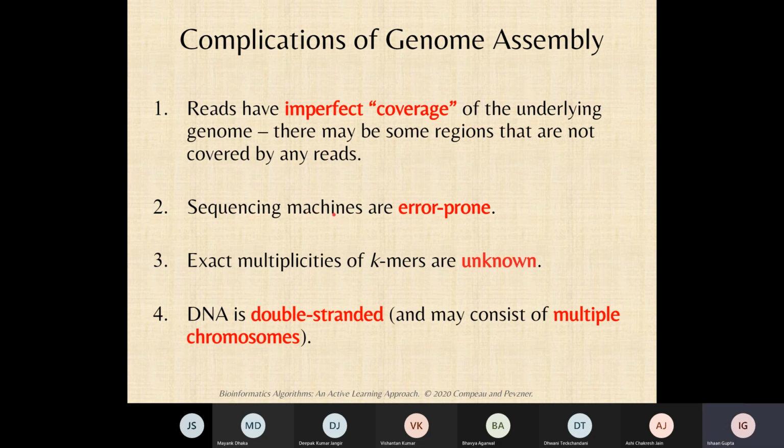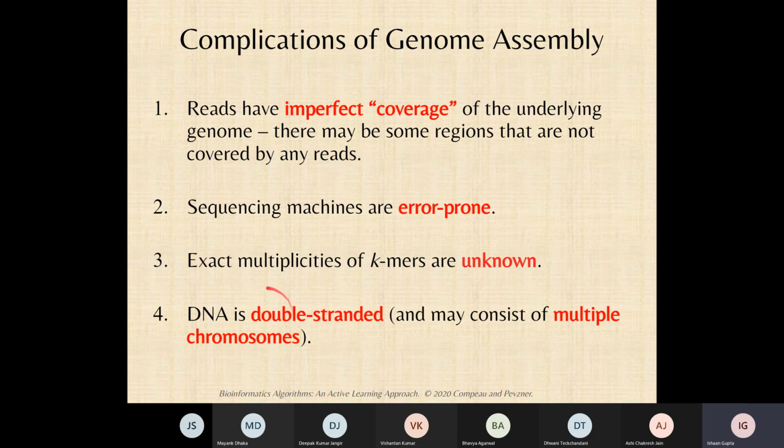The other assumption that we had was that sequencing machines are not error prone, so that the k-mer that you're getting is exactly what was represented in the genome. The other thing was that the exact multiplicities of the k-mers is known. So you already know that this particular k-mer is going to be occurring a certain number of times because you are assuming that each k-mer is getting represented from the genome, and there are no parts of the genome which have fewer k-mers being represented.